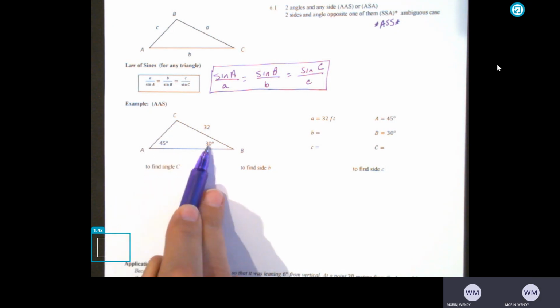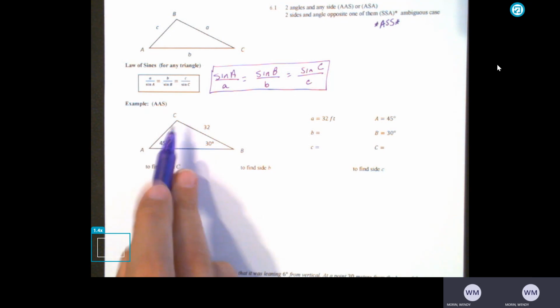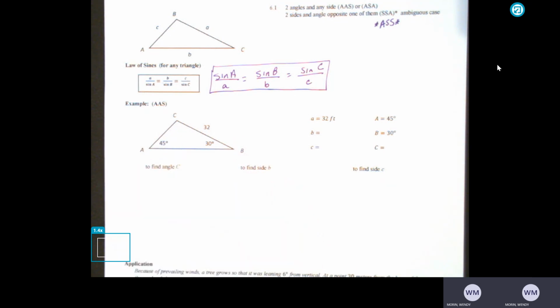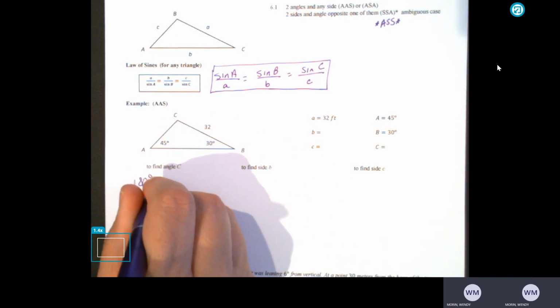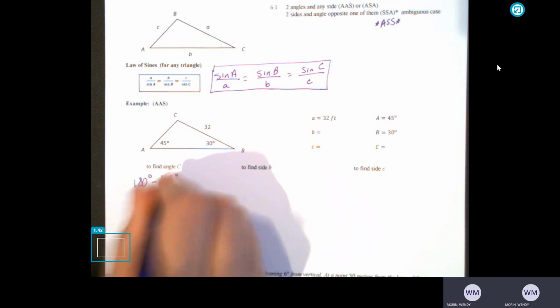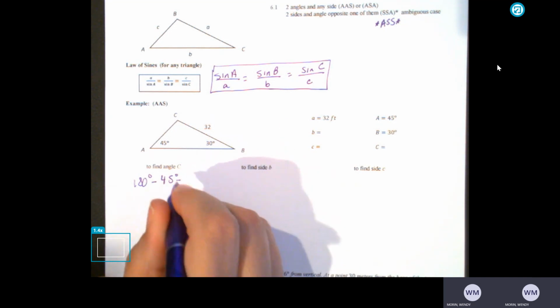So if you know the two angles of a triangle, how do you find the third? And I challenge you to use your calculator and double check that you can get these values, and don't just trust me. If you need to pause the video at any time, feel free to do that. So angle C here is 180 degrees minus 45 minus 30.